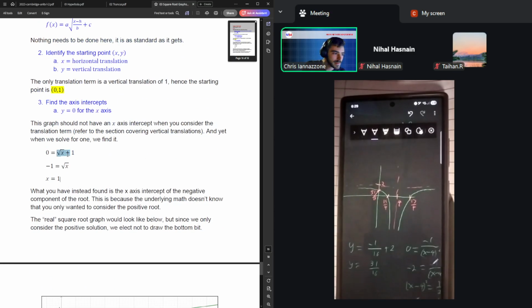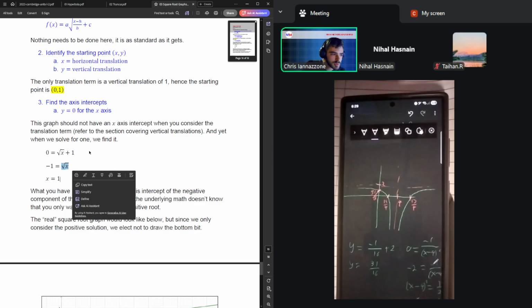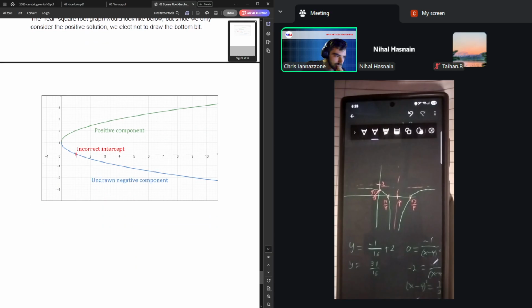But when you go through the math and square both sides for your algebra, the algebra isn't taking into consideration that you only wanted one part of it, which is why you're finding this sort of ghost part of it that's left over. So this, more than any other graph, you want to keep track of: do I want the positive half or the negative half?